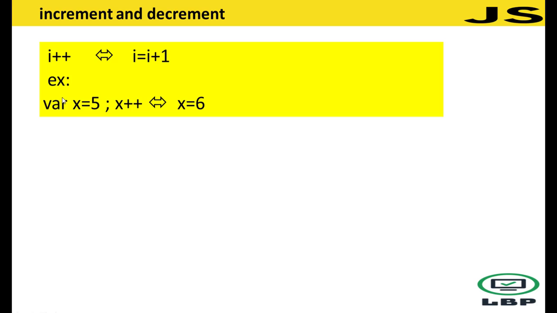And we have an example: var x equal to 5, so I create a variable of type number equal to 5, and a semicolon means another line of code. x++ means that x is now equal to 6. Why? Because x++ means x equals x plus 1. Okay, so we'll make this quick example.